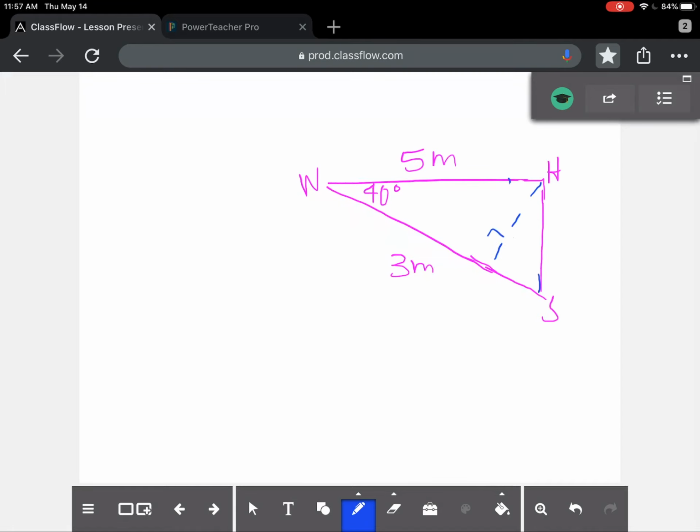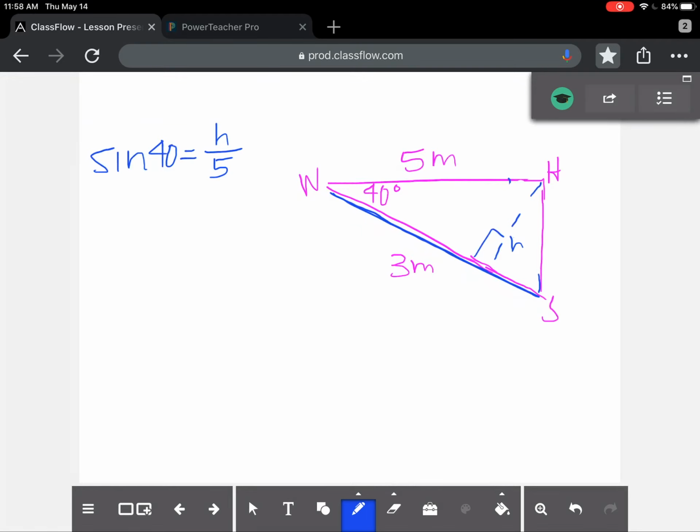I didn't draw this to scale, but I'm right there, let's say, and this would be your height. Therefore your base would be the 5 meters. Again, I am going to use 3 meters as my base. There's just more room there and it looks better.